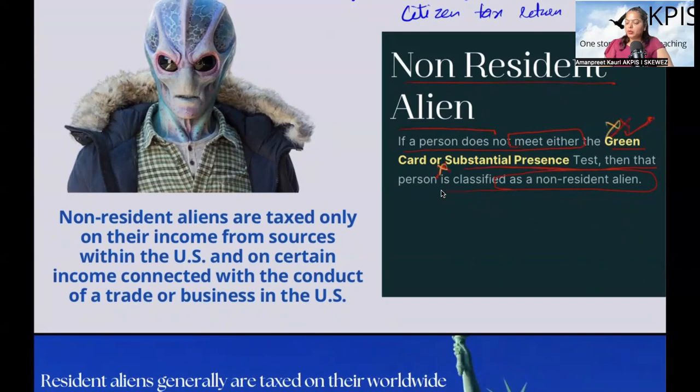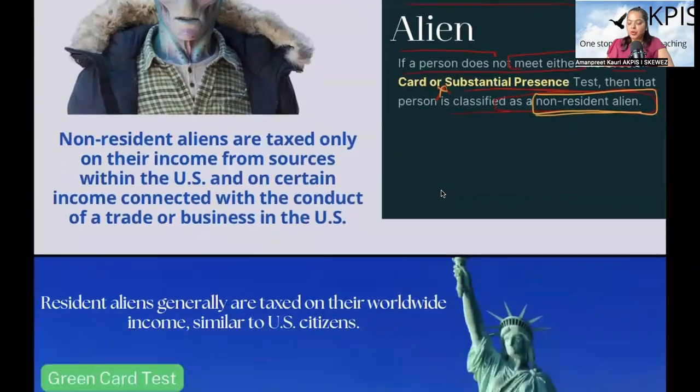So in this very particular situation, you will be classified as a non-resident alien. You must be amazed. Why, ma'am? Why are you telling us this? You are making categories of US citizens, resident aliens and non-resident aliens. Why so? Because the non-resident aliens are not taxed on their worldwide income. They are supposed to be taxed only on income sources within the US and on certain income connected with their business in the United States of America.